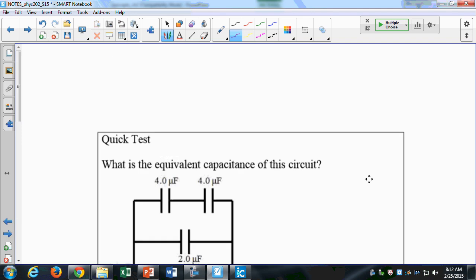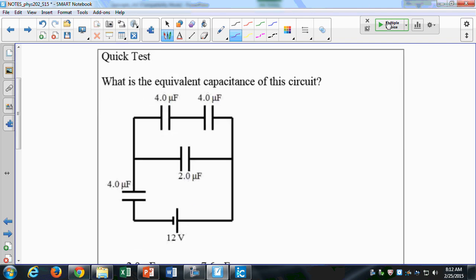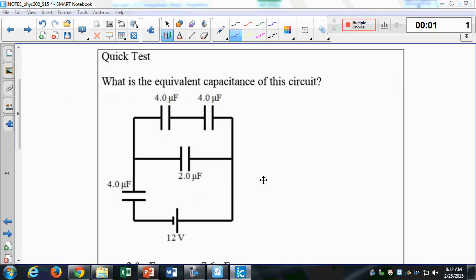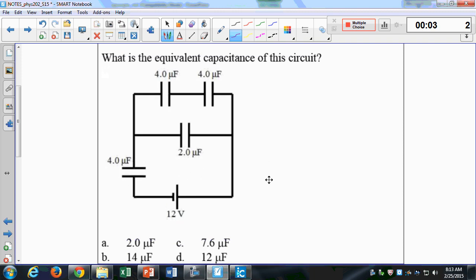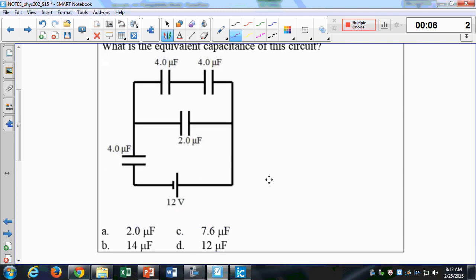I think I have another one. What's the equivalent capacitance of this circuit? Find the equivalent, and then think about what the voltages are across them. I'll give you some other questions about voltages on any one of these capacitors. So if you've found the equivalent already, go ahead and figure out the voltages on each of the capacitors.